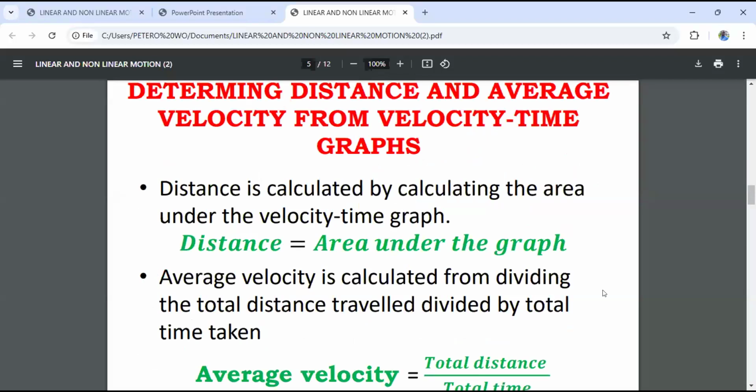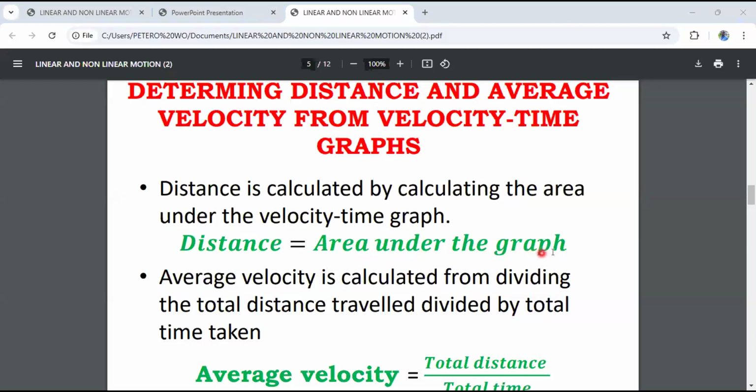How can I determine average velocity from a velocity time graph? From what we are having, they are telling us that if someone asks you to determine distance from a velocity time graph, then you have to calculate the area which is under that graph.